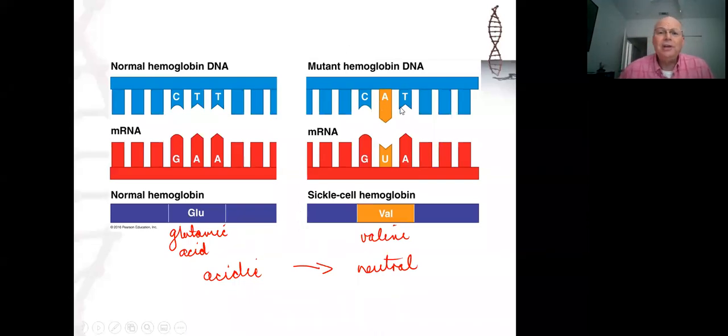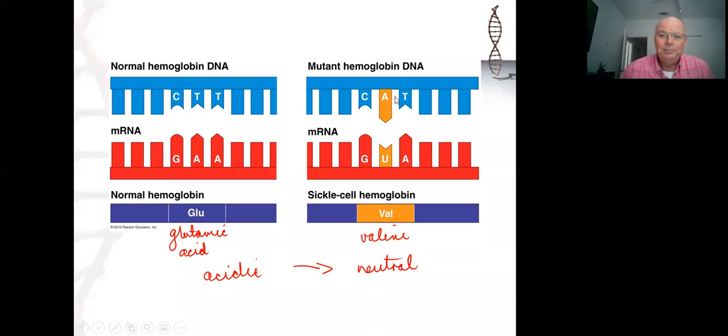If this nucleotide change was down here in the third nucleotide, it might not make any difference at all. Because remember, we talked about the idea of redundancy and the notion that the third nucleotide is the wobble base, that it can change without changing the overall message that's being sent, because the difference between those multiple codons is at the third nucleotide.